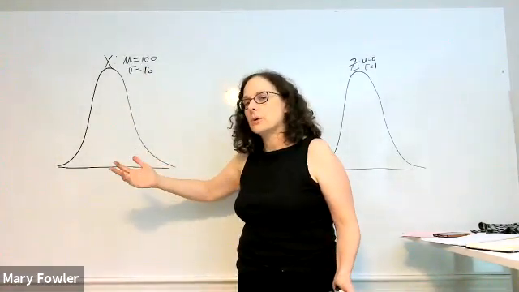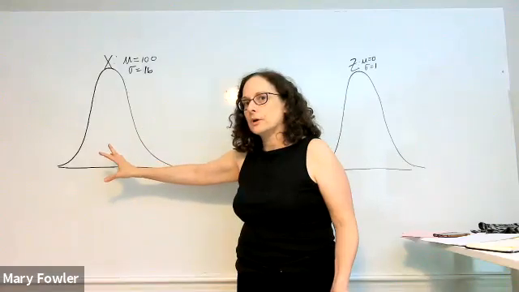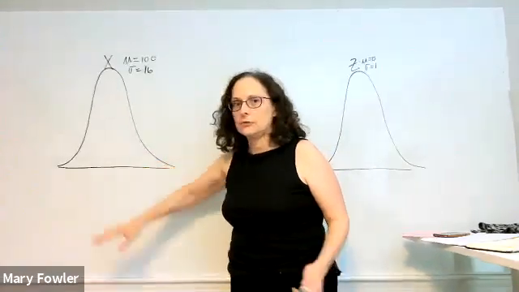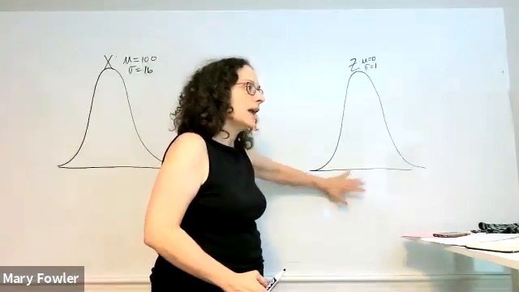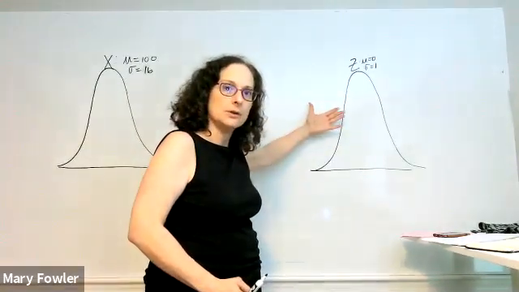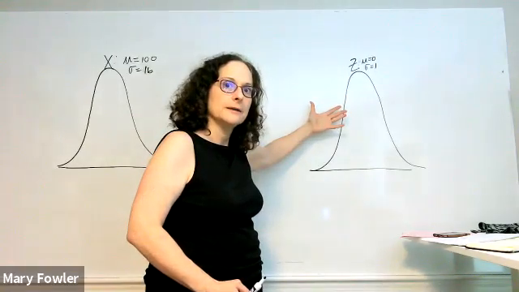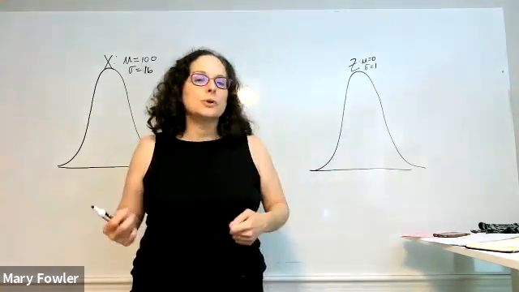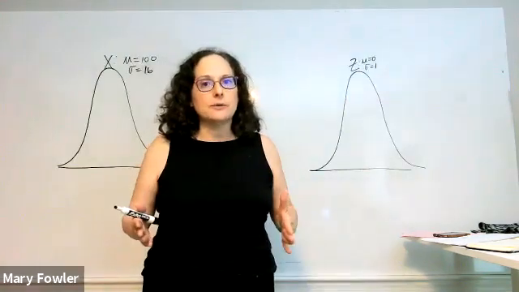Those were all direct lookups, because we took the x's, transformed them to z's, and then did the direct lookup because the z was known, but it was the area we had to find. So now we're going to take a slightly different problem.